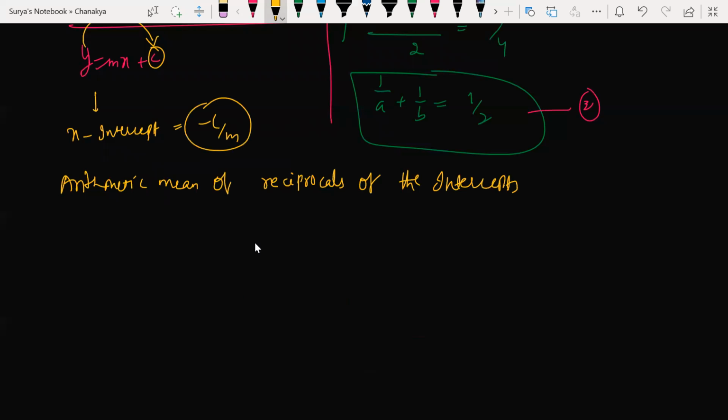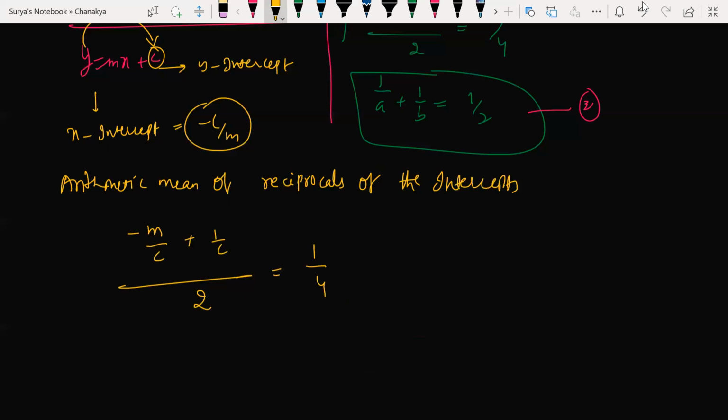So this is one intercept, the x-intercept. What is the reciprocal of that? Minus m by c. What is the reciprocal of the y-intercept? This is the y-intercept. Correct? What is the y-intercept reciprocal? 1 by c. So (minus m by c plus 1 by c) whole divided by 2 is equal to 1 by 4.